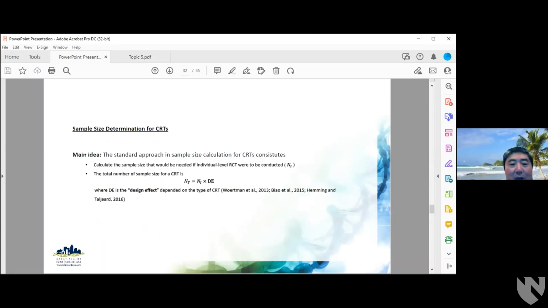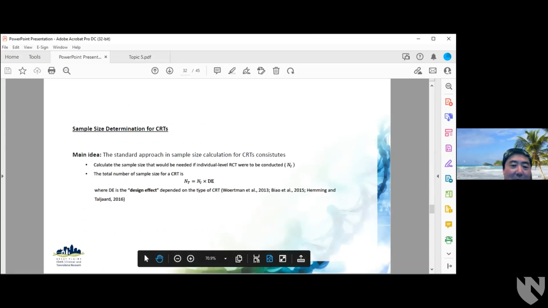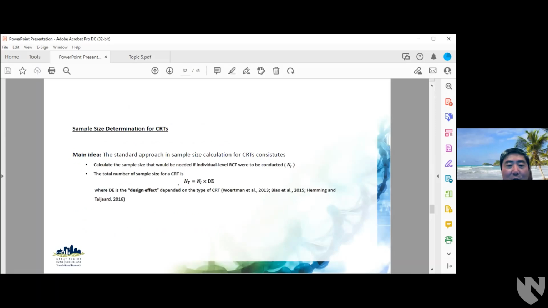Okay. So the design aspect: how you calculate the sample size. This is the total sample size required. N_I is the sample size based on an individual RCT. If you want to demonstrate the effect size with certain power, you can calculate the total sample size based on the individual level, then multiply by this kind of design effect.